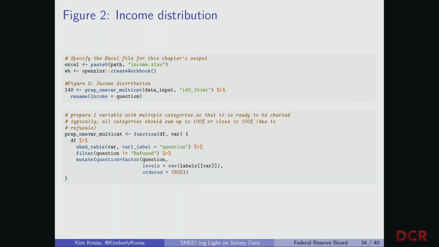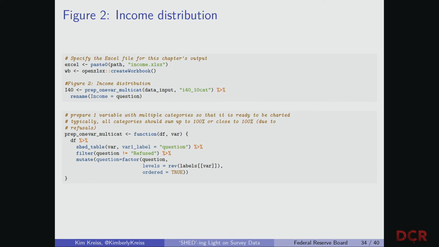So it takes in a data frame, and I should specify that this data input is going to be what's loaded into your environment when you source this read data function, or read data file. So in the function up there, the prep one var, our input is the data input, and then the variable we're looking at.